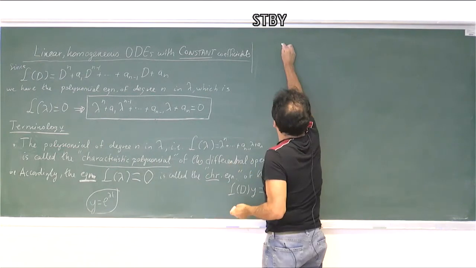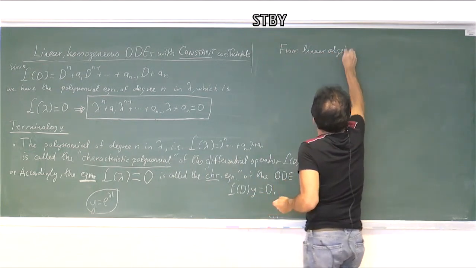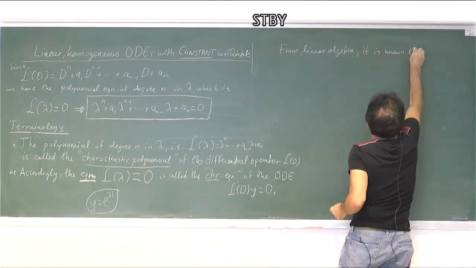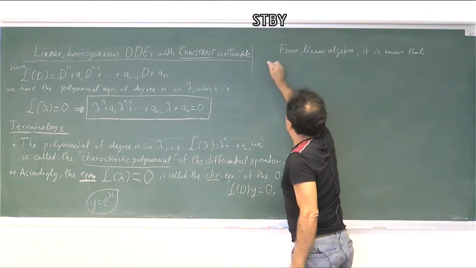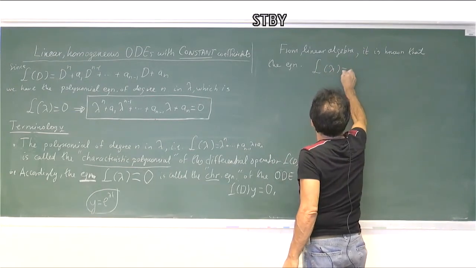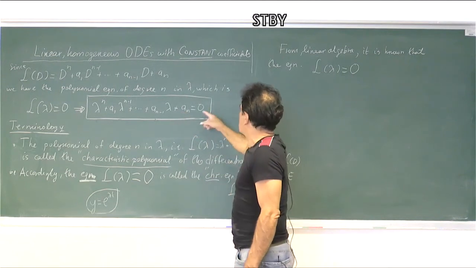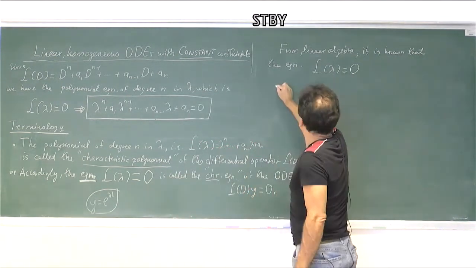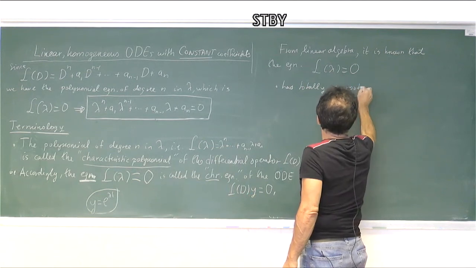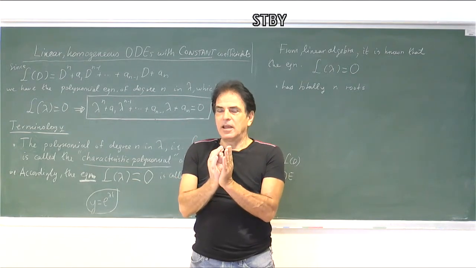So generally, from basic linear algebra, it is known that the equation L(lambda) equal to 0, that is the characteristic equation, explicitly written, has totally n roots, which is in nice agreement with our theory.